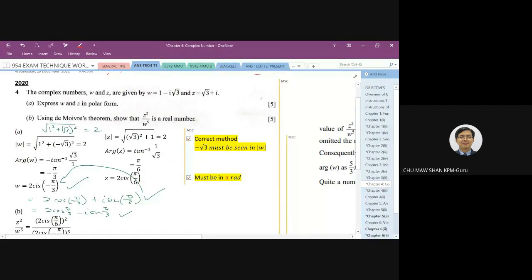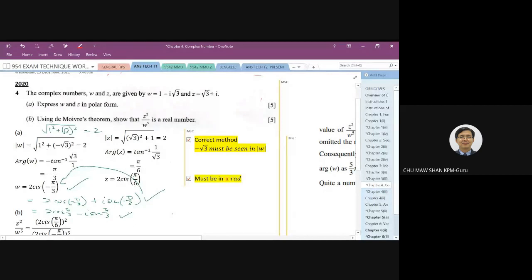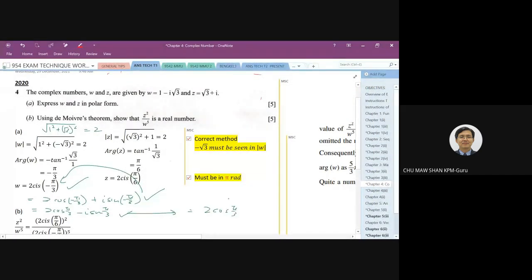Yang ini tak boleh. Yang ini jangan kata sama dengan ini. 2 cos pi over 3 CIS. Ini tak boleh. Ini is the wrong thing. Because CIS means exactly cos the argument plus I sin the argument. Dia ada plus di sini. So be careful when you change to each form.